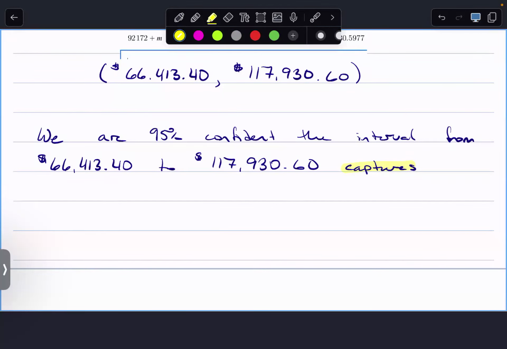It's trying to capture the population mean, in this case, the population mean debt.